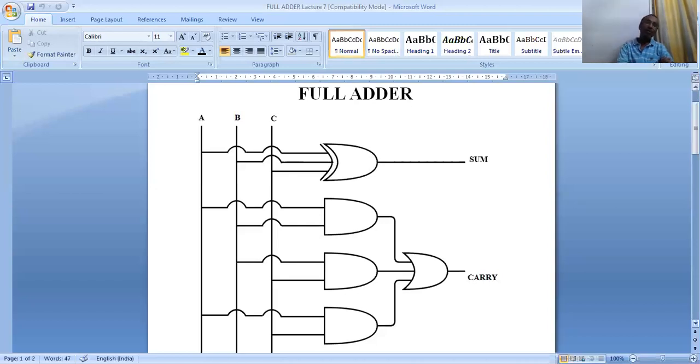If these are properly connected, then only the building will be strong. In the same way, in the construction of the full adder, we have to draw the proper gate at the proper place. Then only you can score marks.